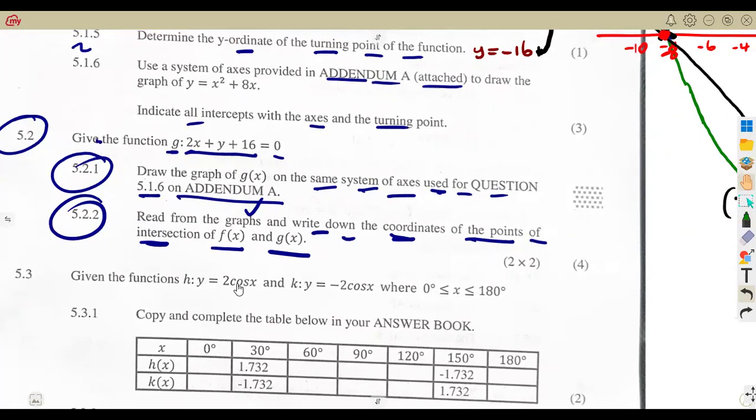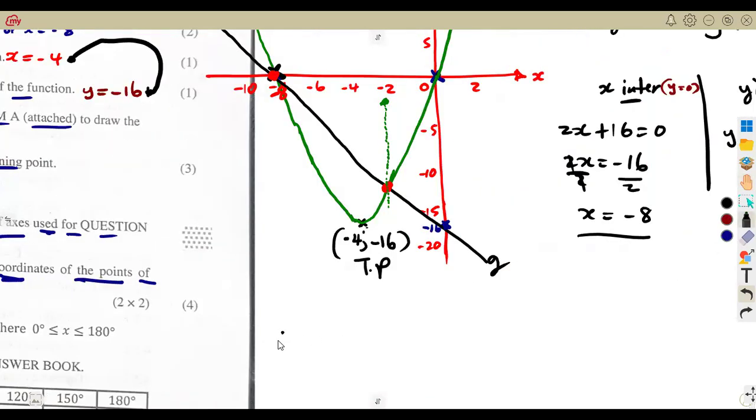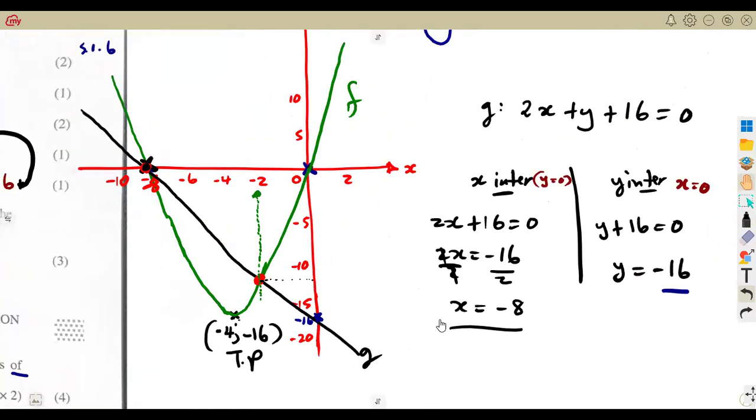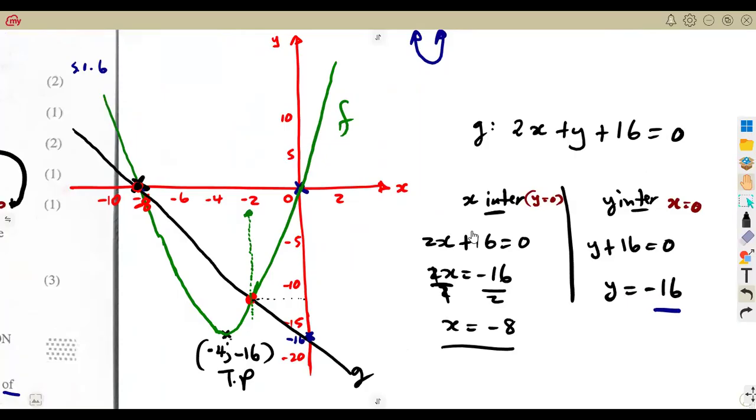The points of intersection, 5.22. All right, so this is 5.22. So the first one is at minus 8, meaning to say that's (minus 8, 0). The value of x there is minus 8, y is 0, because it's on the x-axis. And another one, we saw this one. According to your graph, it was going to correspond exactly at minus 2. Then the y value is the one that you're going to take corresponding, so you're going to have the y value from there.